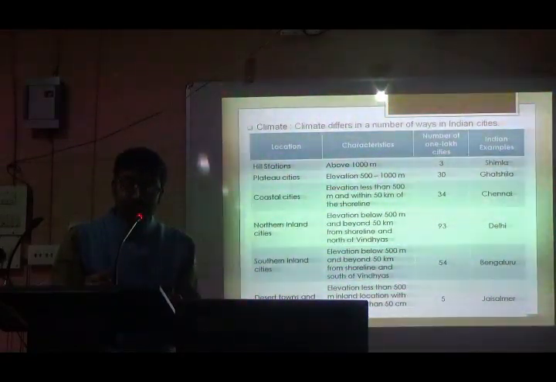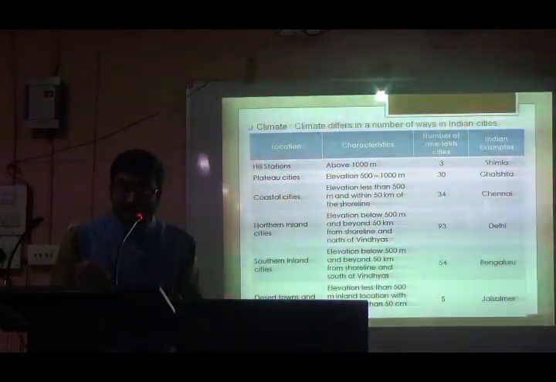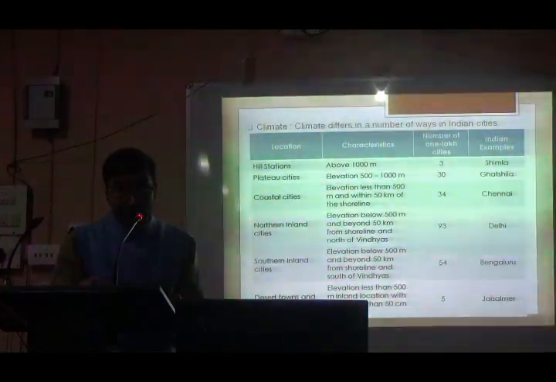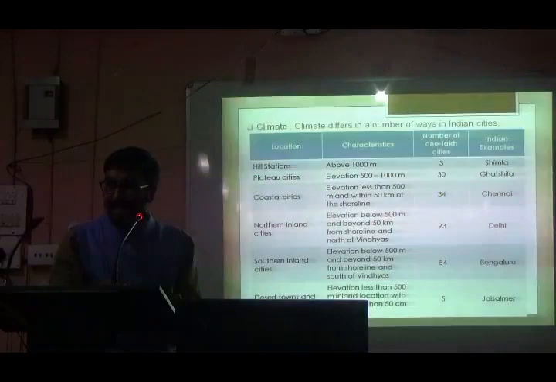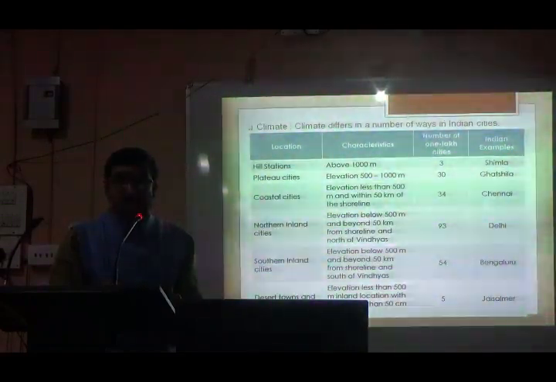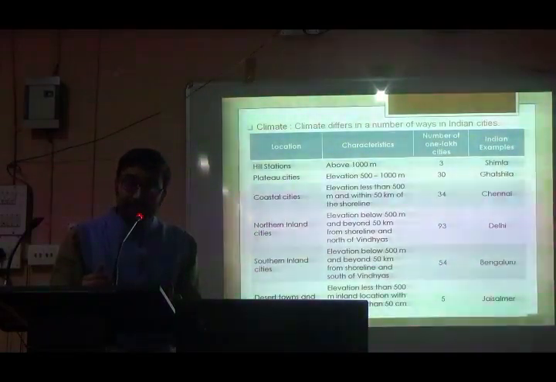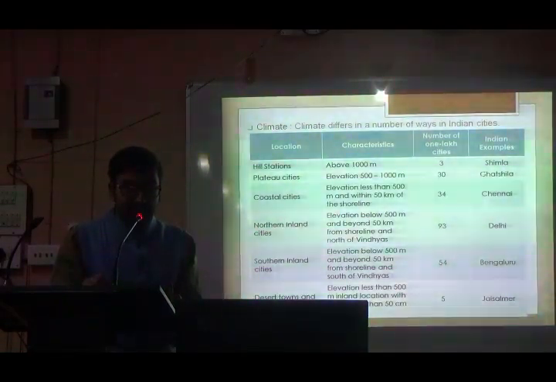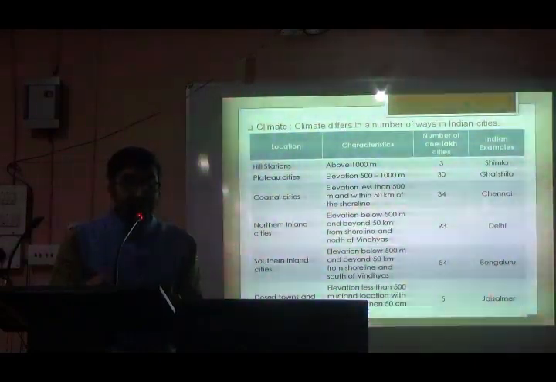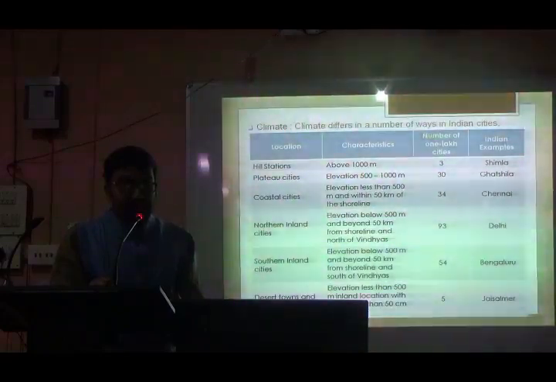Now coming to the characteristic features of such climate. If we consider the hill station, then their location is above 1000 meters. In case of plateau, the elevational range is between 500 to 1000 meters.